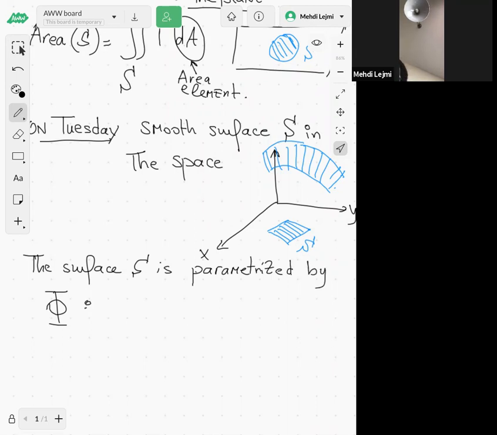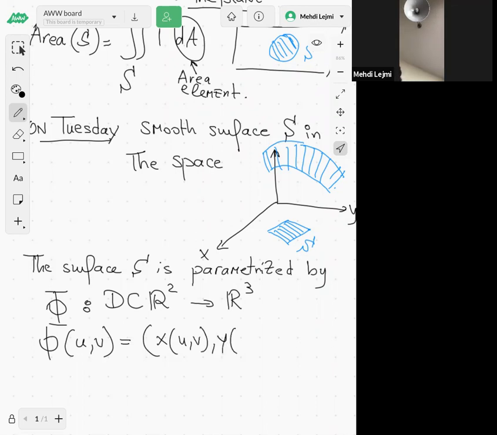Phi is a function from some region D in R2 to R3, right? So phi of (u,v) is equal to (x, y, z), where x is a function of two parameters, same for y and same for z.